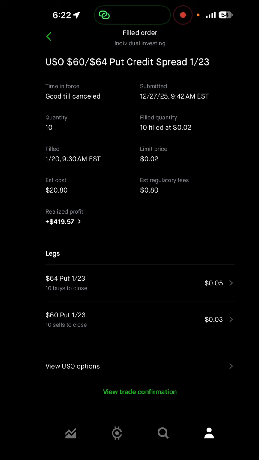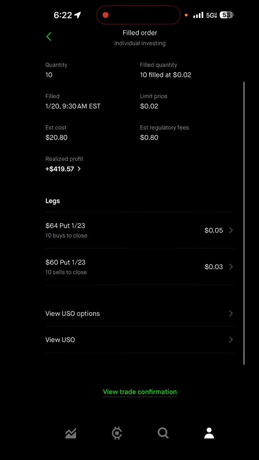You can see the legs of the trade. We bought a 5 cent close of the 64 put, and we sold a 3 cent of the 60 put. So it ended up being a net debit of 2 cents, which was exactly what we had hoped for. So the total cost of that order was $20.80 because we had to pay for the regulatory fees.